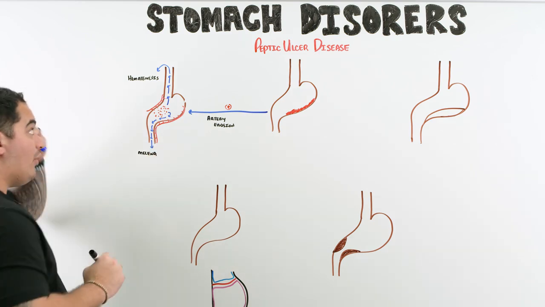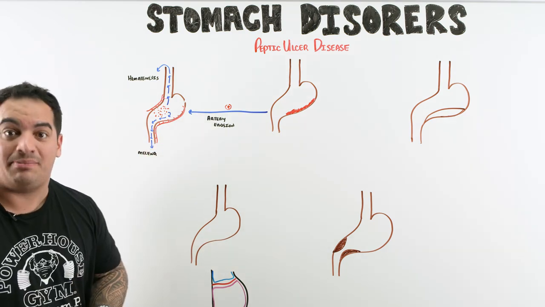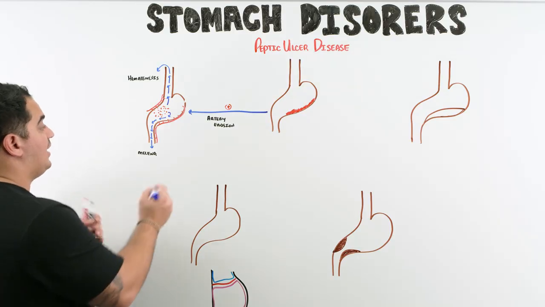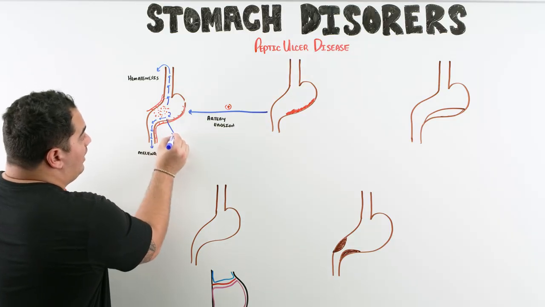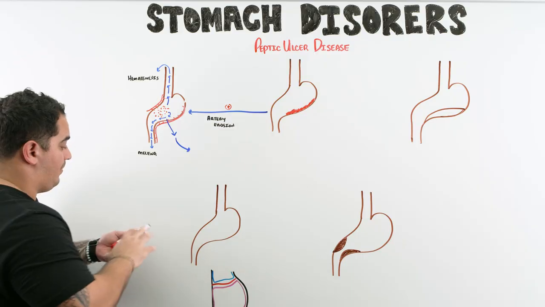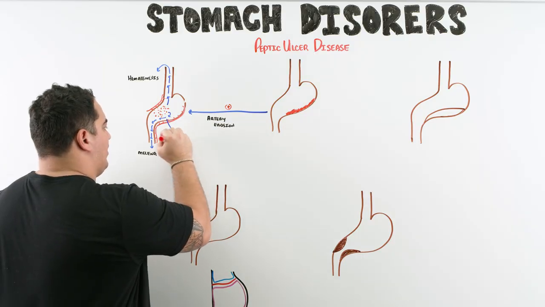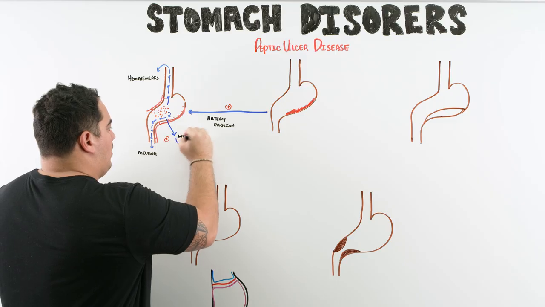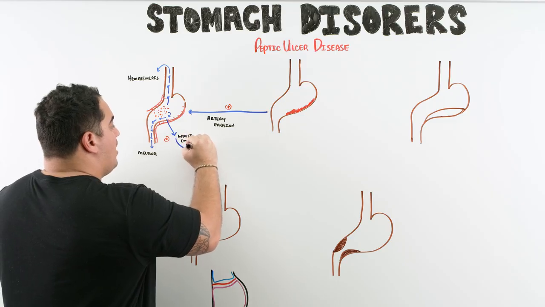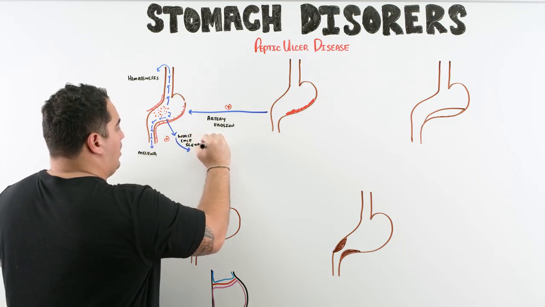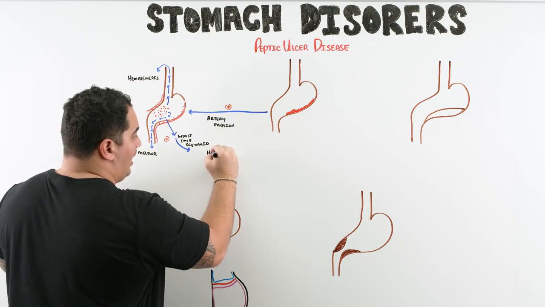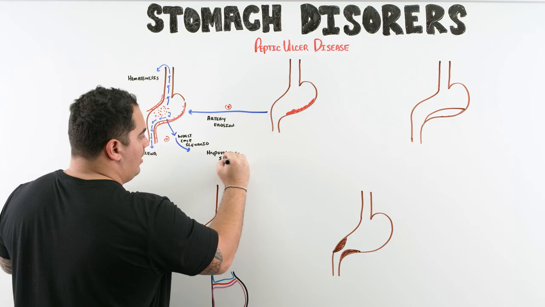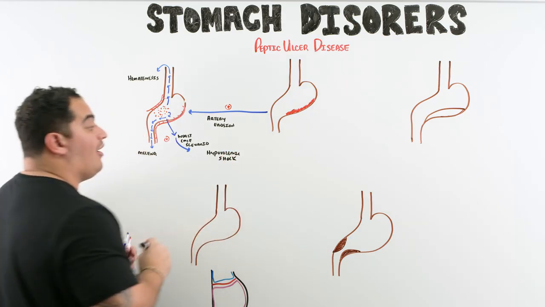In the absolute worst case scenario, if these patients lose enough blood, they can develop signs of hypovolemic or hemorrhagic shock with profound anemia.